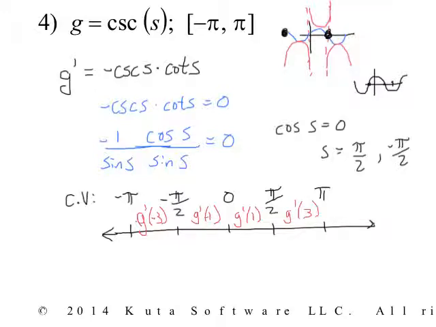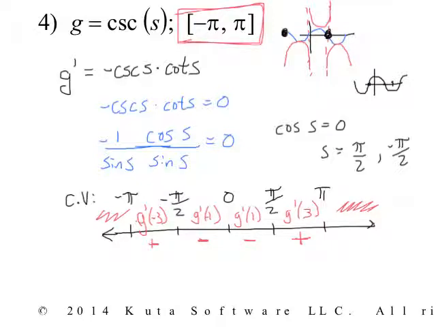We don't need to test the other side because it's outside the scope of the interval they're interested in. If you evaluate g prime of negative 3, you're going to find that it is a positive value, and then we have a negative value, and a positive value.